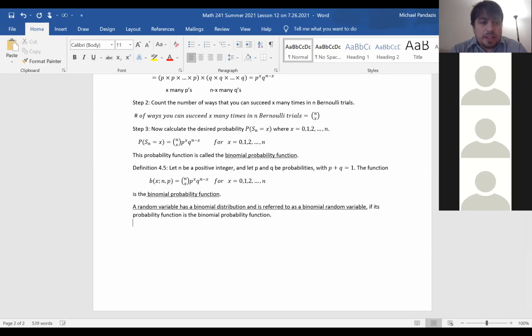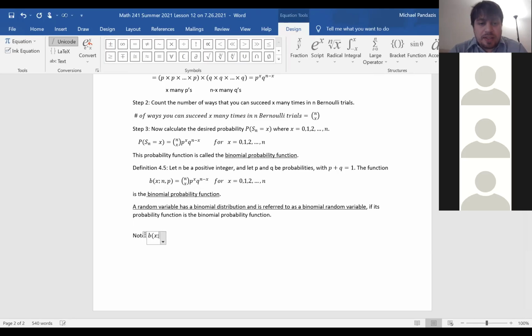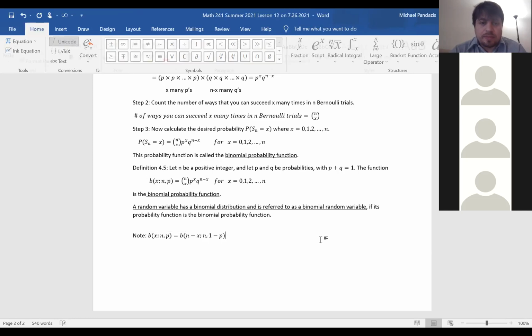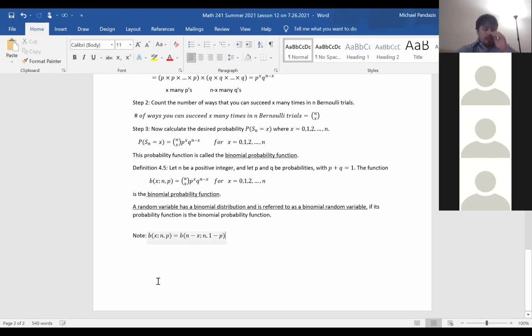Note that b of x colon n comma p is equal to b of n minus x colon n comma 1 minus p. This might look weird, but it's saying this: if you have n Bernoulli trials and the probability of success is p, what is the probability that in those n trials you have exactly x successes?